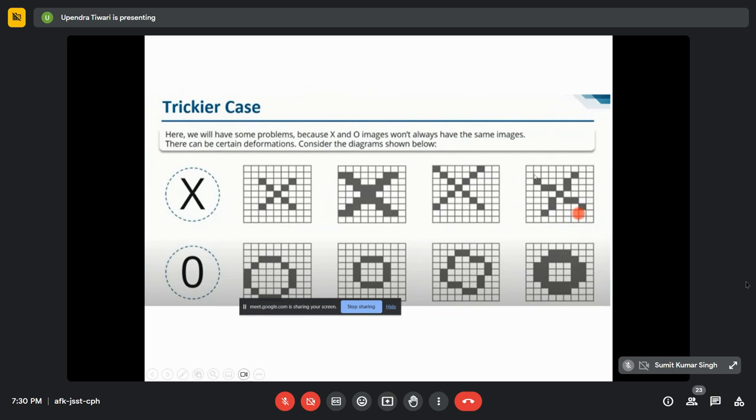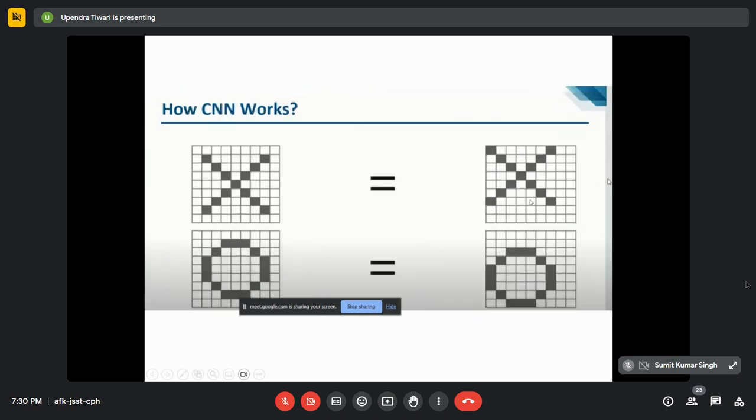But when you input this kind of image, still your model should be able to recognize that this is the X. Although the accuracy might be a little bit less, yes, your model should be able to classify it as X. Means this should be equal to X, this should be equal to O, although they are not 100% similar.